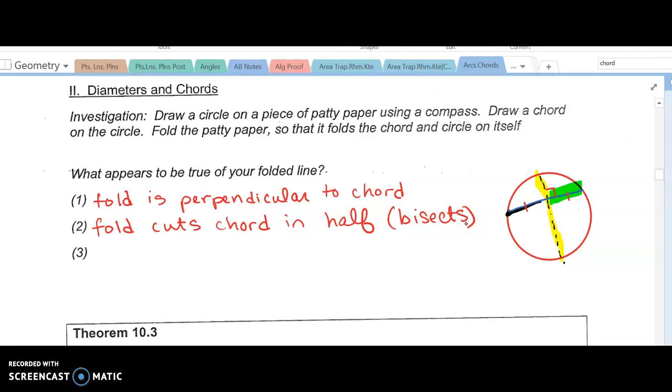And then a third thing you may or may not have observed was that it appears to cut this arc in half as well. That is, it bisects the corresponding arc.